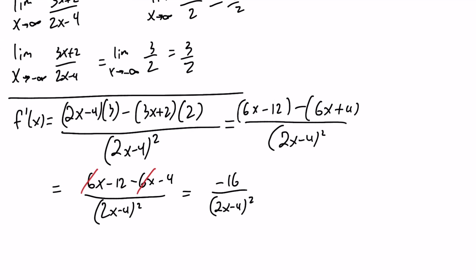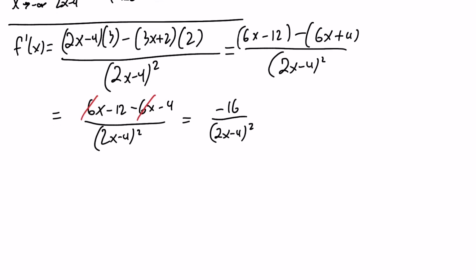Okay, critical points. Let's find those. Is there anywhere where this is equal to 0? No, right? Because if a fraction is equal to 0, that means the top is equal to 0. Is there anywhere where this bottom is equal to 0?